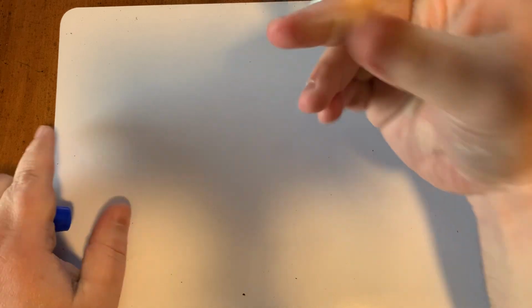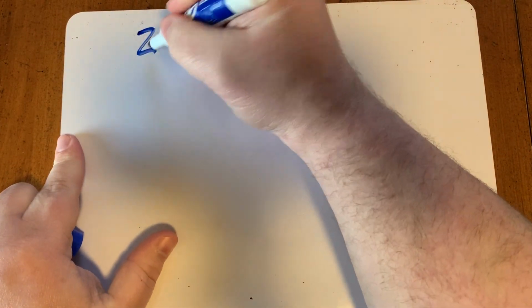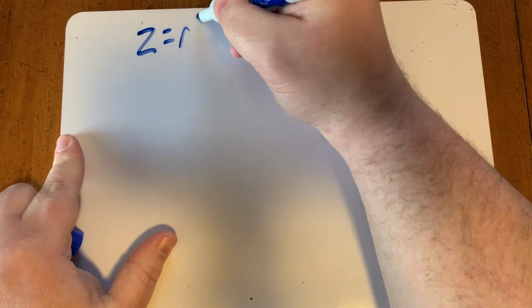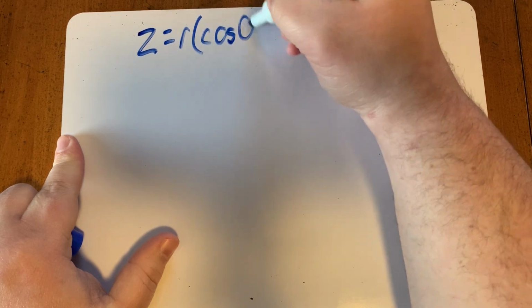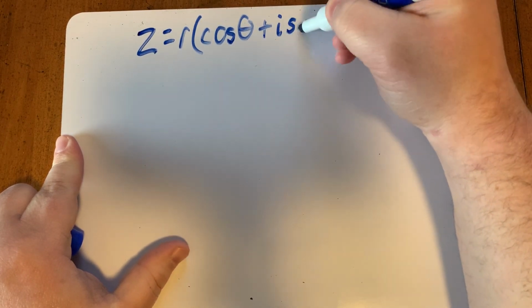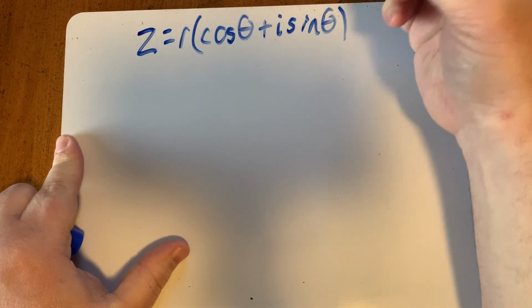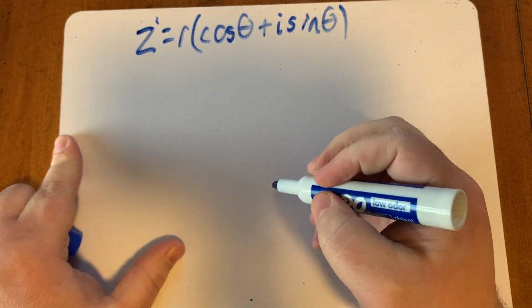And also raising it to a power, because raising something to a power is just multiplying it over and over again. So if we had our standard z equals r cosine theta plus i sine of theta, and that's z to the first.